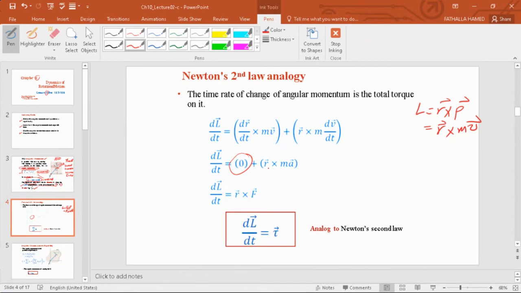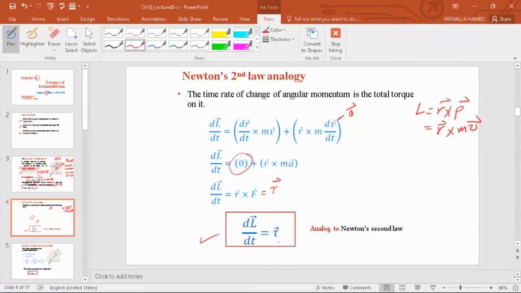Now, then r cross dv by dt, and dv by dt here will give you a. So you get r cross ma, and ma is the force. So dL by dt will give you r cross F, and you know that r cross F is equal to the torque. So your dL by dt will equal tau.